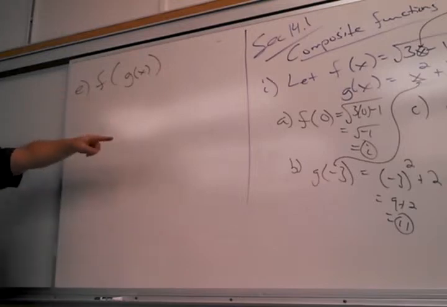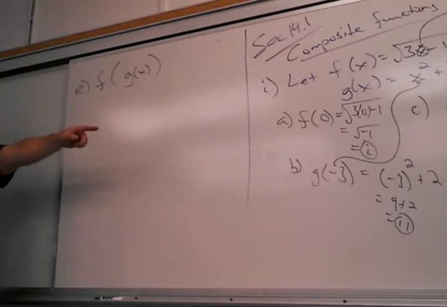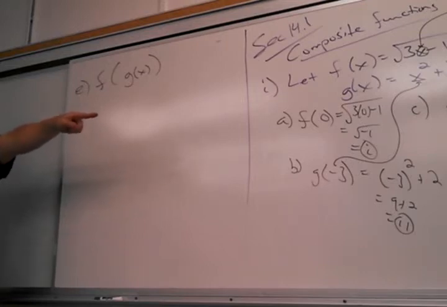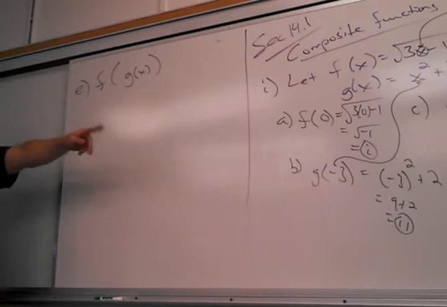Why is this different from D? What did I put inside F in part D? What is inside F in part D? No, part D. What's inside F? 5 minus 4x. 5 minus 4x.